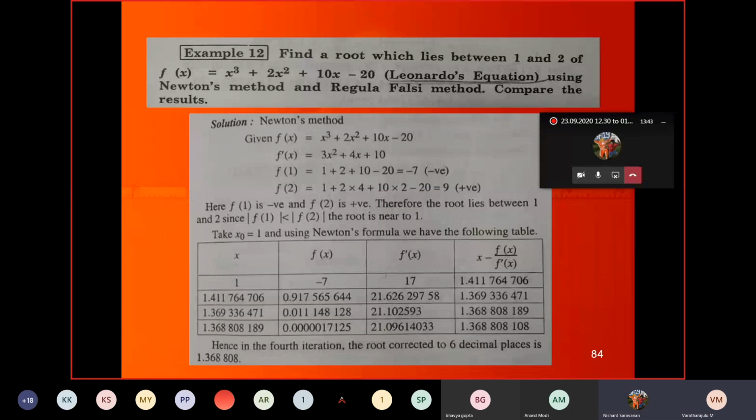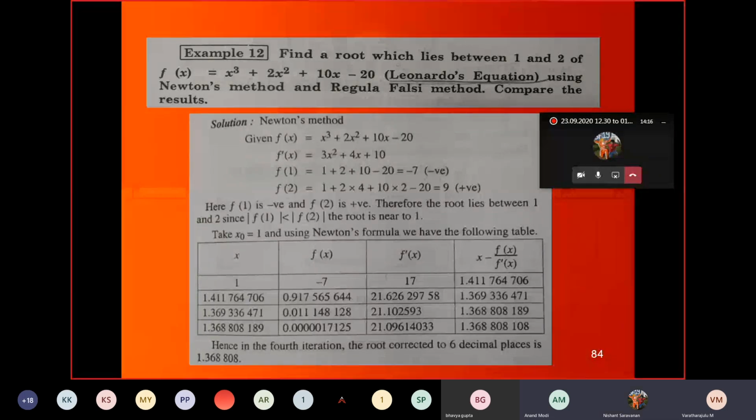In regula falsi I got between 1.3685 and 2, and in Newton's method I got 1.3688. Okay, both give similar results. By using both methods, we are okay. Any other inference? Sir, it took more iterations for regula falsi than Newton's method.